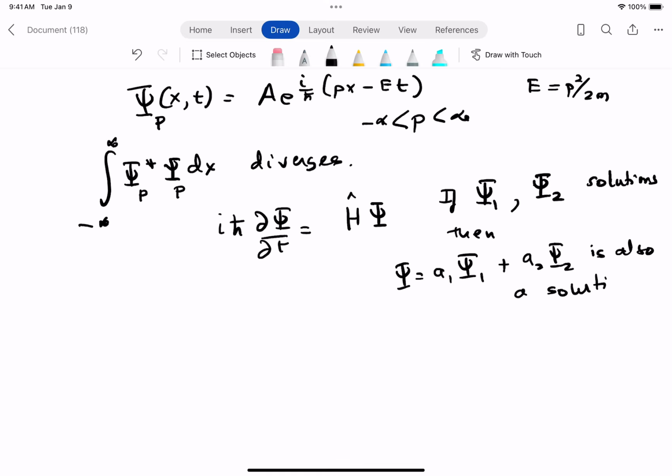That is called the linearity property of the Schrodinger equation. It's a property of any linear differential equation.